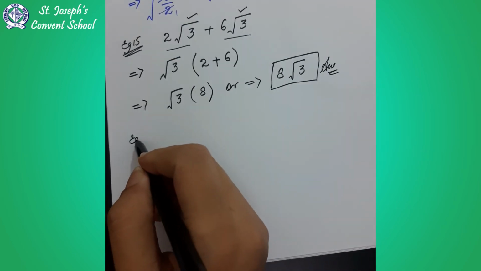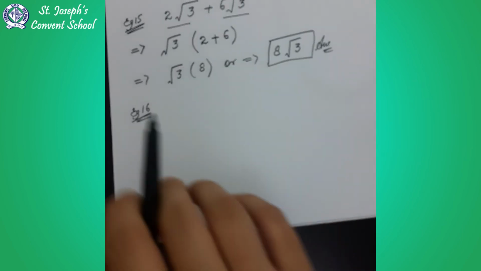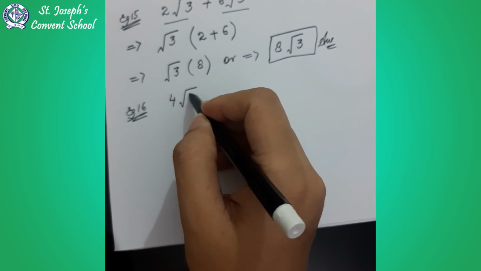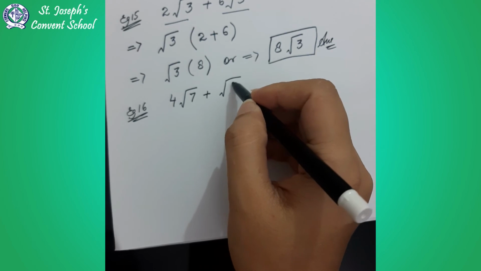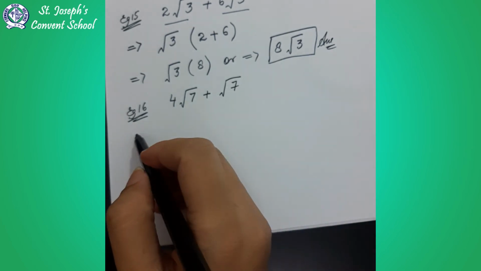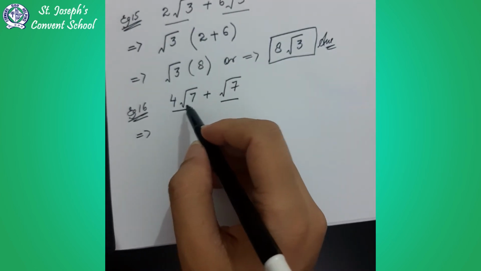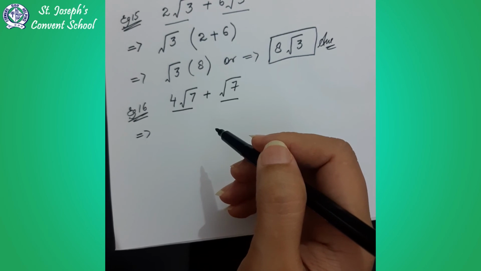One more addition example. Suppose it is 4 under root 7 plus under root 7. You can see this is one term, this is the second term. In both terms, root 7 is given and it is the same.